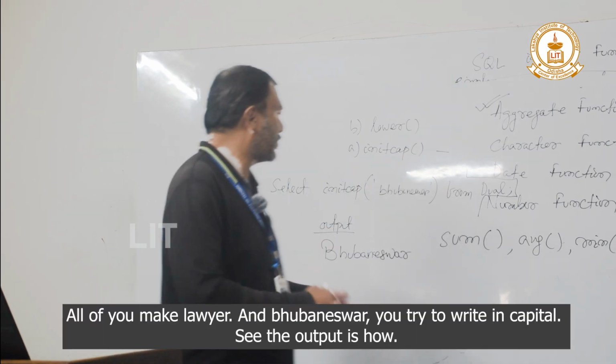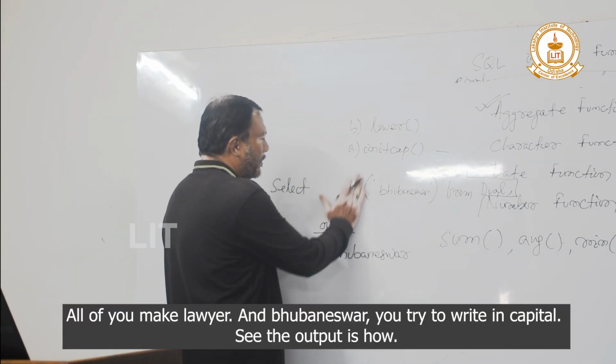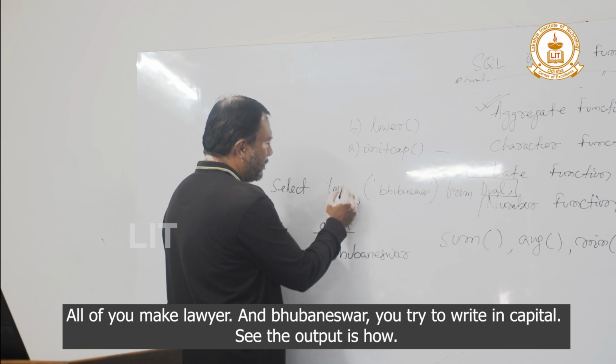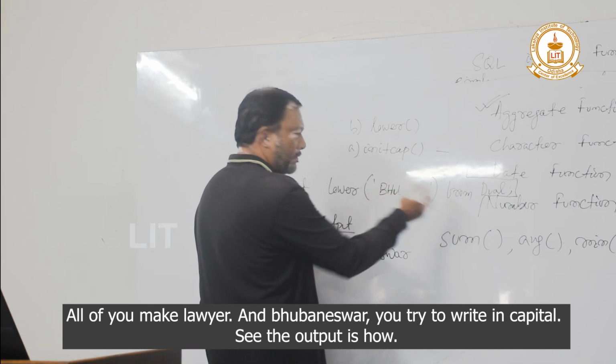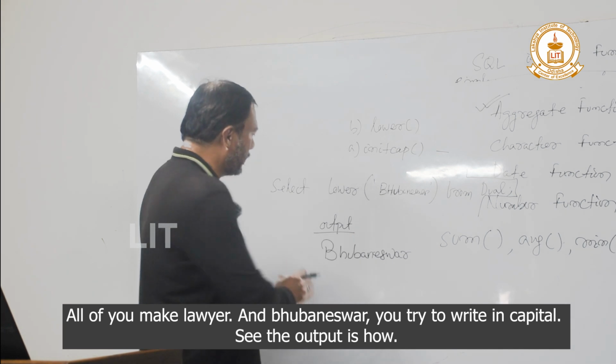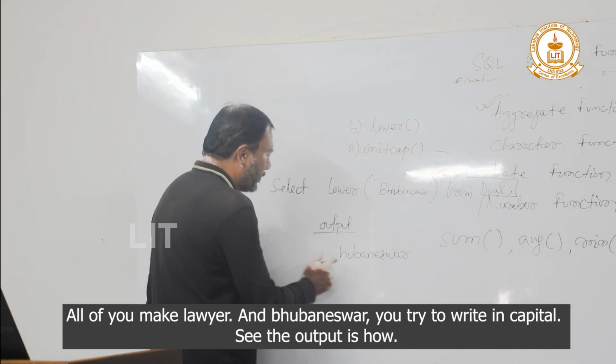So just in place of INITCAP, all of you write lower, and Bhubaneswar you try to write in capital, and see how the output is, and write the output in your copy as well.